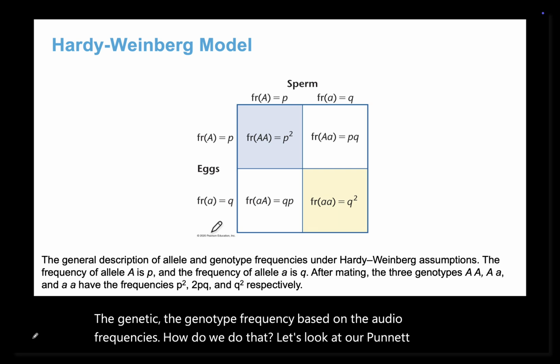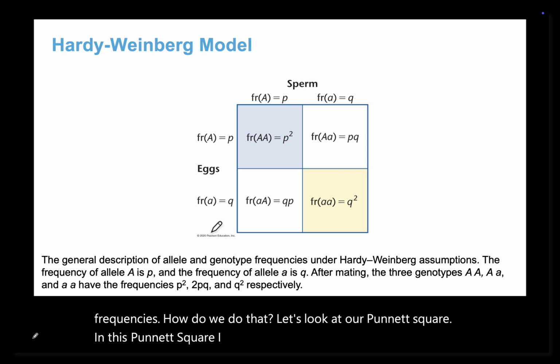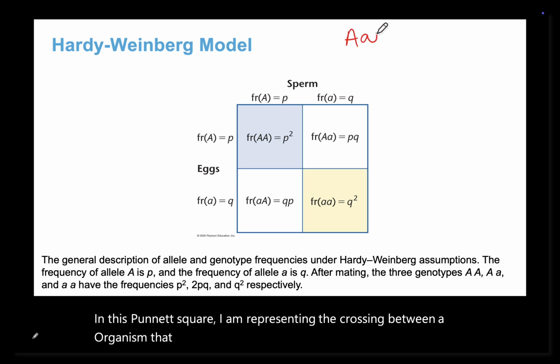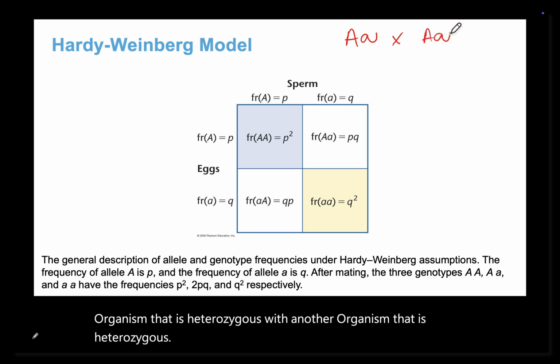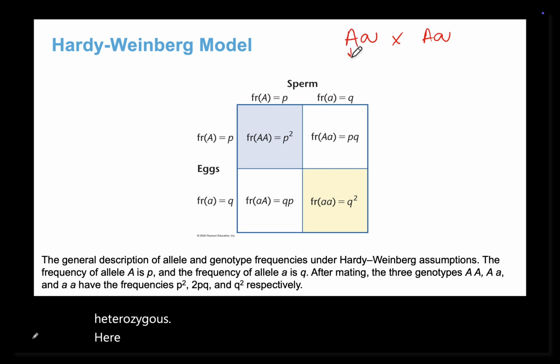In this Punnett square, I am representing the crossing between an organism that is heterozygous with another organism that is heterozygous. Here, the dominant allele A equals P. That's the frequency of the dominant allele.